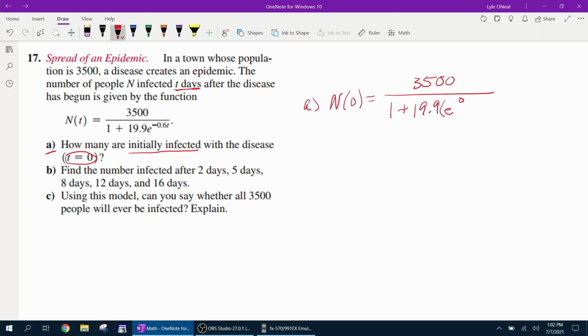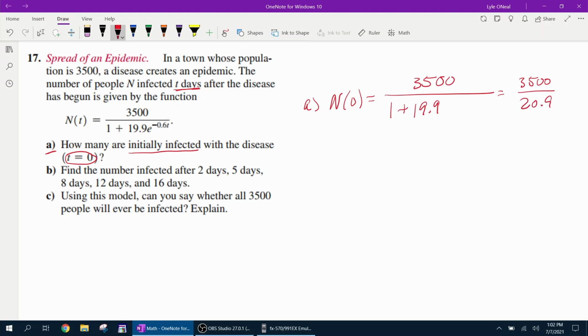Now, do you remember what anything to the 0 power is? That's right. E to the 0, anything to the 0 is 1. And so that's going to simplify down to just 19.9, because that was multiplied by 1. 1 times anything is itself. And then that's going to simplify to 3,500 divided by 20.9.